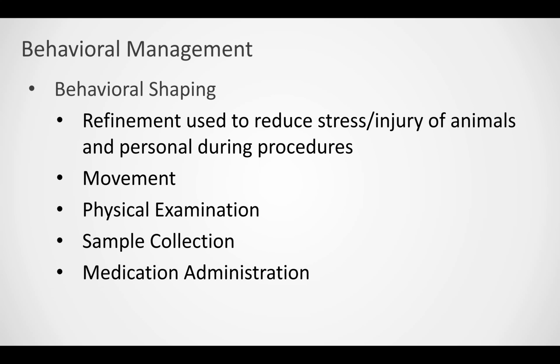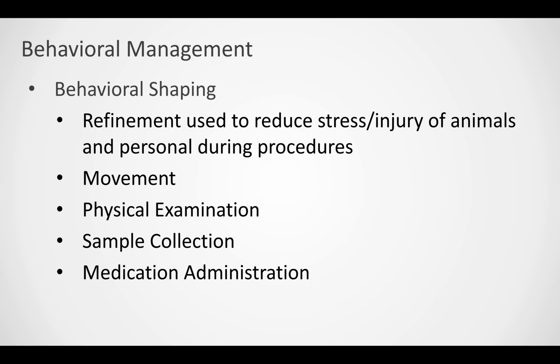So a lot of times what's done is the behavioral management team will come in and shape that animal. So the animal will come up to the front of the enclosure. They will allow the veterinarian or the veterinary technician to scan their chest. They will allow them to check on their temperature, body temperature. They'll allow them to maybe even give a medication or to even do things like sample collection, like collect a blood sample from the animal.